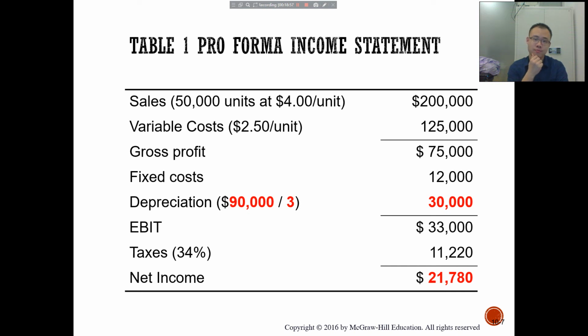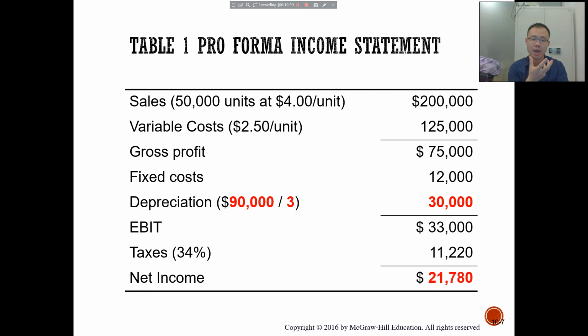21,780? No, you get more. You get 51,780. It is the sum of net income and depreciation. The reason is that the net income is the accounting profit that you get, but actually you get more, because there is a depreciation value deducted from this, but it's a hypothetical deduction. You have already paid for this equipment, so that $30,000 isn't really deducted from your pocket.